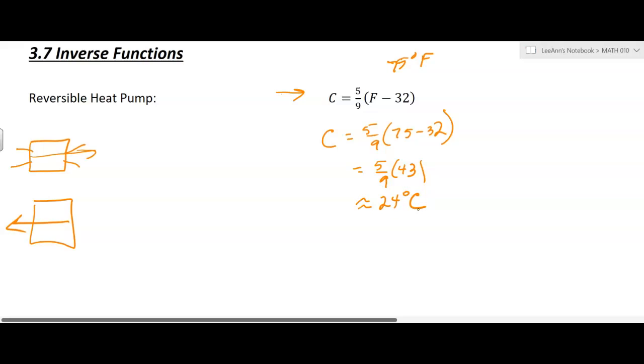Okay, well, say you're going to go to some place where they use Celsius a lot, and you want to know the Fahrenheit degrees so you know how to pack. Like now, 75 degrees Fahrenheit is 24 degrees Celsius. But let's say there's going to be several days and you want to know what kind of clothes you should pack. You're going on a trip or something.